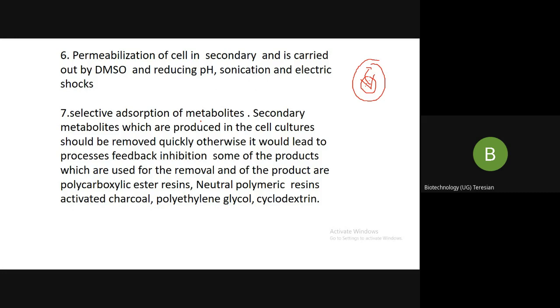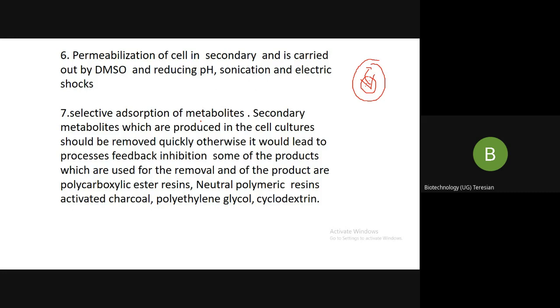If you don't remove your secondary metabolites, what happens? It can lead to feedback inhibition. That is, whatever products are being formed become toxic, and they'll start inhibiting your product itself. So a product formed can inhibit the substrate of another one.